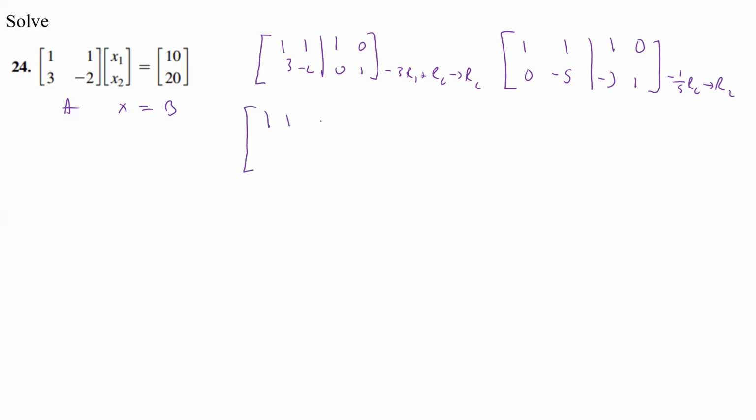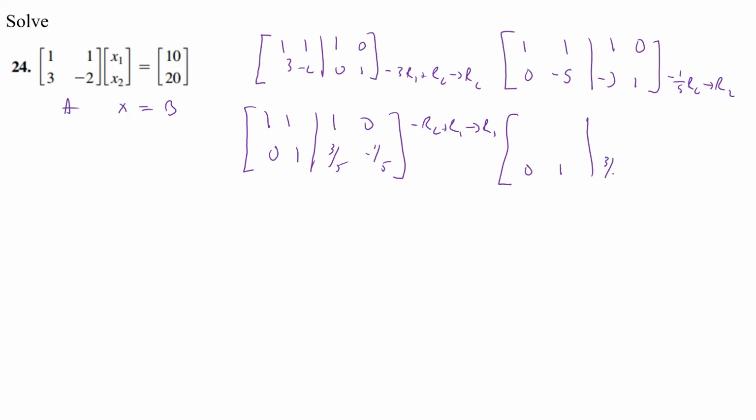So we have a 1, a 1, a 1, a 0, a 0, a 1. And that's going to be a positive 3/5. And that's going to be a minus 1/5. Okay. And so now it looks like we just have to take a minus row 2 plus row 1, and that's going to be our new row 1. Hopefully this will be about the end. All right, so bottom row 0, 1.